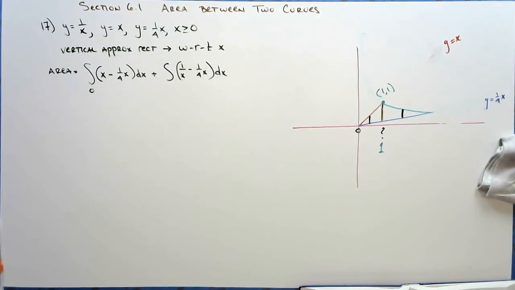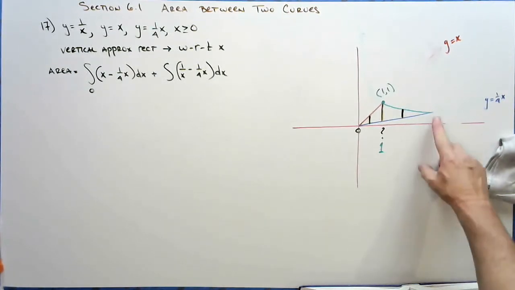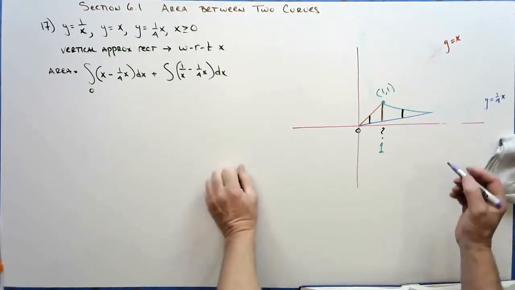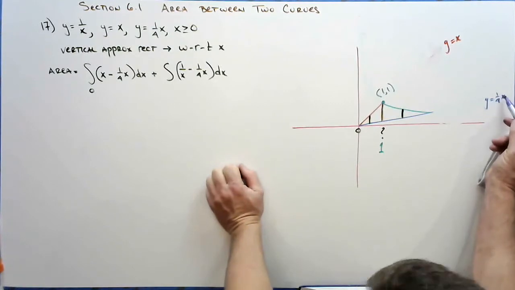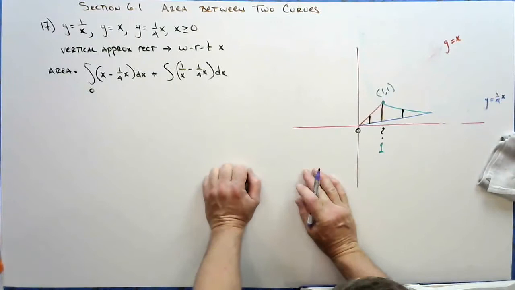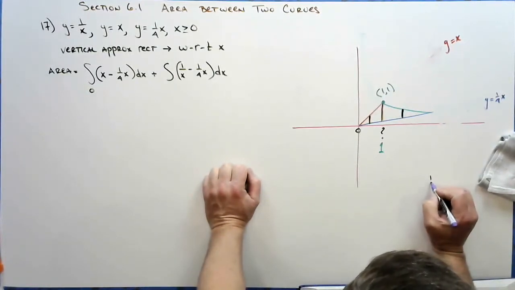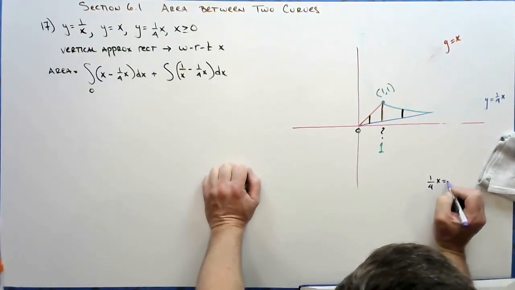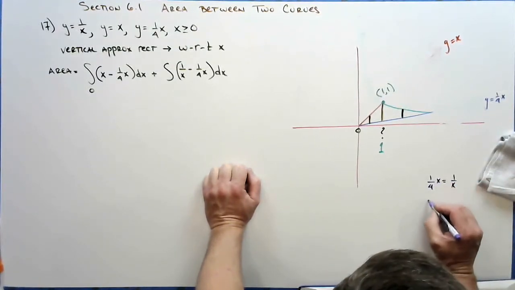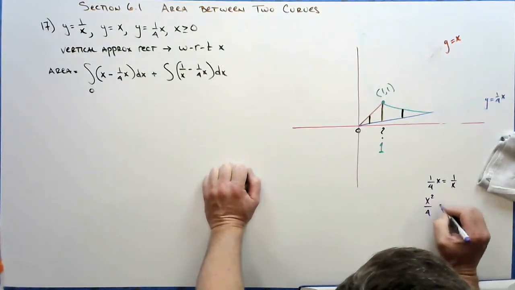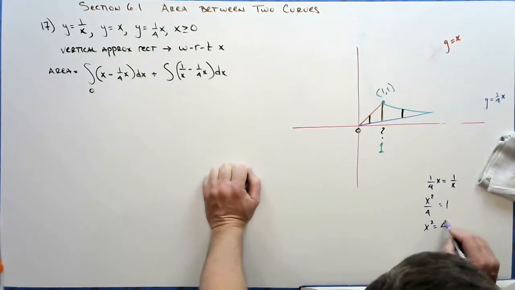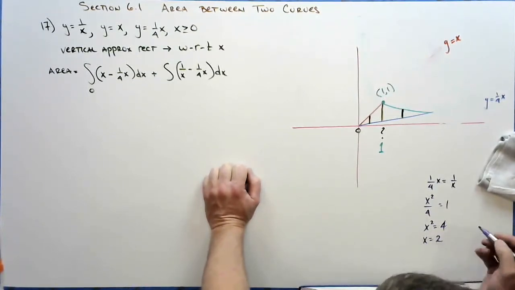All right. Over here, this point of intersection is going to be given to me when I plug in a number and 1/4 x gives me the same result as 1/x, right? I mean, we could do that with algebra. We could say, okay, 1/4 x equals 1/x, multiply both sides by x: x squared over 4 equals 1, multiply both sides by 4, and we get x equals 2.